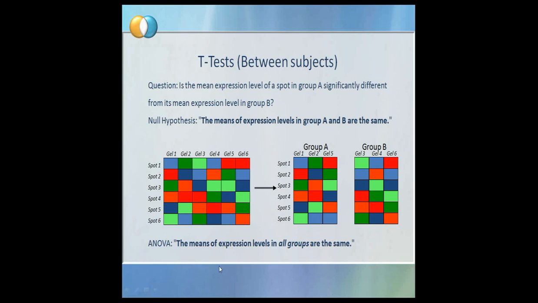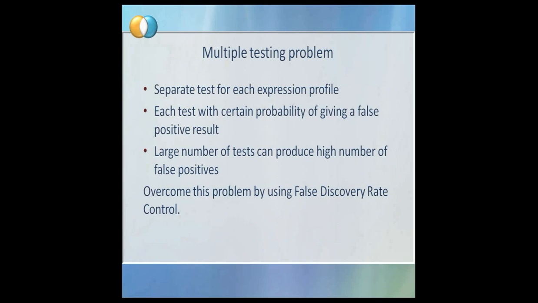ANOVA, by the way, has a similar null hypothesis. The mean of expression levels in all groups are the same, and it is rejected by any change that can be observed between any pair of the groups that you are studying. And you have to, of course, follow this up and see where you have found this difference that leads to the rejection of this null hypothesis.